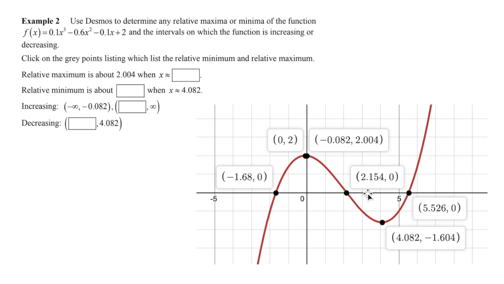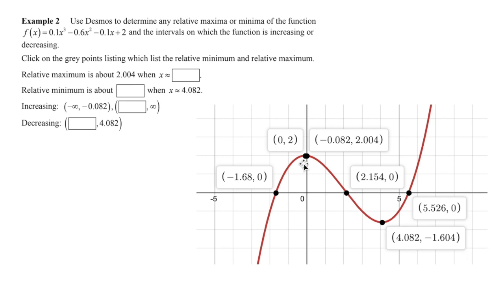So we do have a relative maximum off to the left-hand side. This point right here would be 0.2, and the point just to the left of it is at -0.082. So this would be considered a relative maximum. It's not the extreme maximum, but it is a relative maximum. It's also known as a turning point.